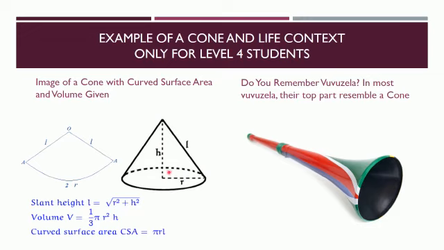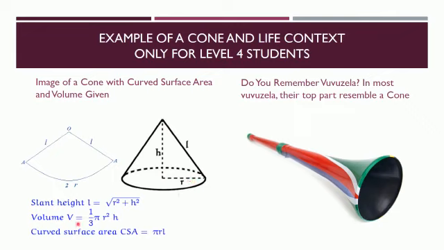And this angle is 90 degrees. Hence the slant height is the square root of r squared plus h squared, the theorem of Pythagoras, which says the square of the hypotenuse is equal to the sum of the squares of the other two adjacent sides.